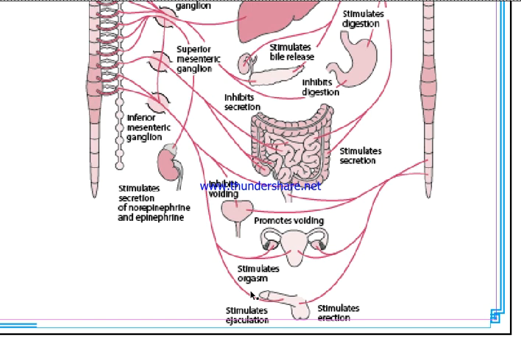Okay, and next one, see, it stimulates sexual desire. Sympathetic nervous system stimulates sexual desire, whereas parasympathetic nervous system does not stimulate sexual desire.